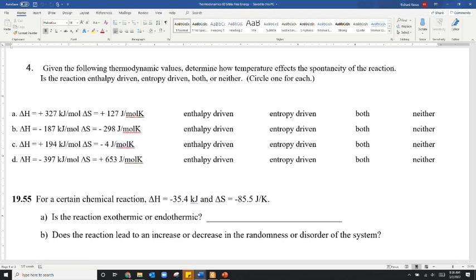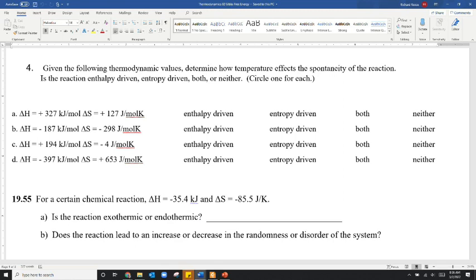So it says, given the following thermodynamic values, determine how temperature affects the spontaneity of the reaction. And to do that, we're going to decide whether it is enthalpy-driven, entropy-driven, both, or neither. All right, so this first one, it says delta H is positive 327 kilojoules. Delta S is positive 127. You don't have to do any math here, you just have to look at signs.